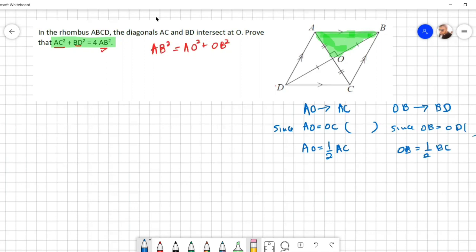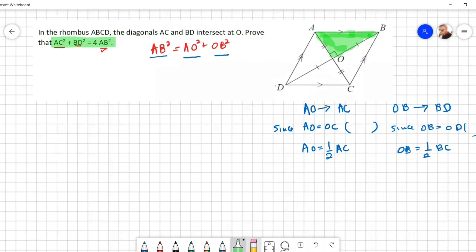Now, see what I did there is, children, I first of all applied Pythagoras theorem. Once I applied Pythagoras theorem, I got some parts of the answer. Especially I got AB, which I need in my answer. And also I got some unwanted parts. I did not want AO in my answer, but I have it. I did not want OB in my answer, but I had it. When I analyzed what I have and what I need, I understood, okay, I don't want AO, I wanted AC.